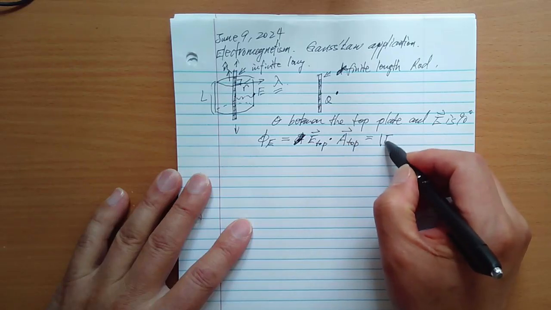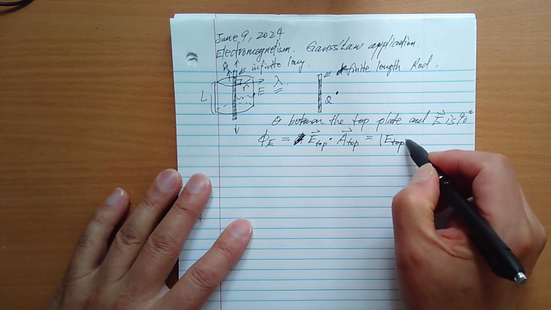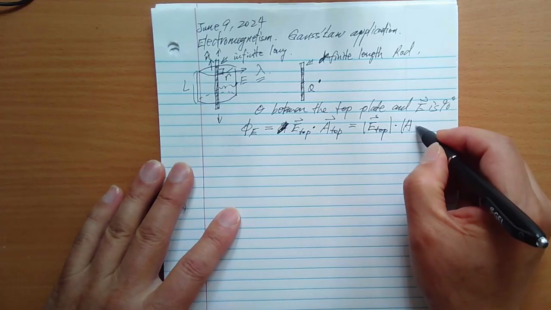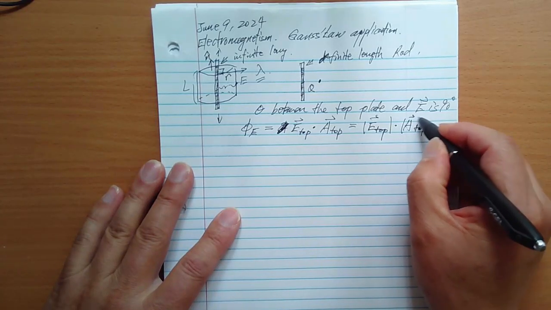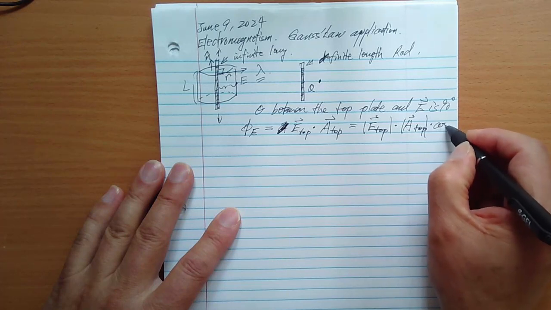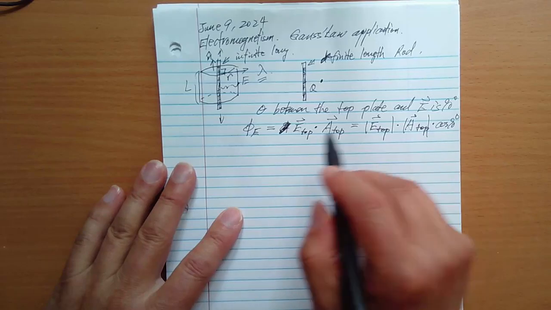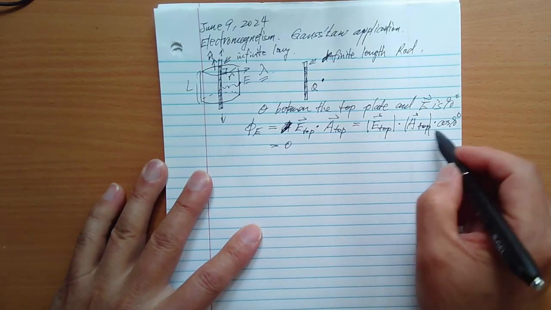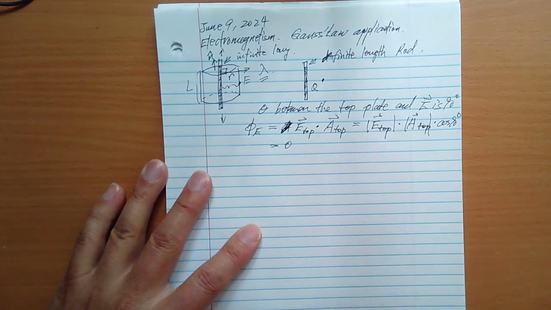That would be E top times A top times cosine 90 degrees. So that's the definition of the dot product. So that's equal to 0 because cosine 90 degrees equals 0.